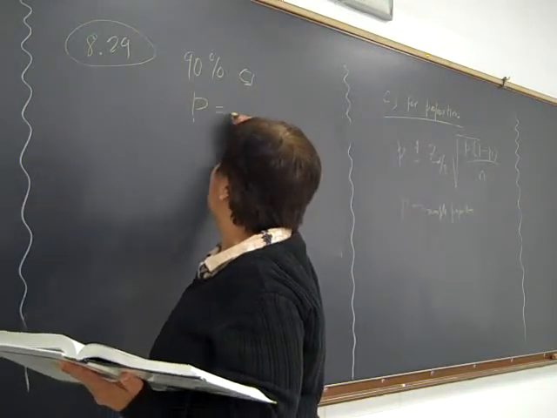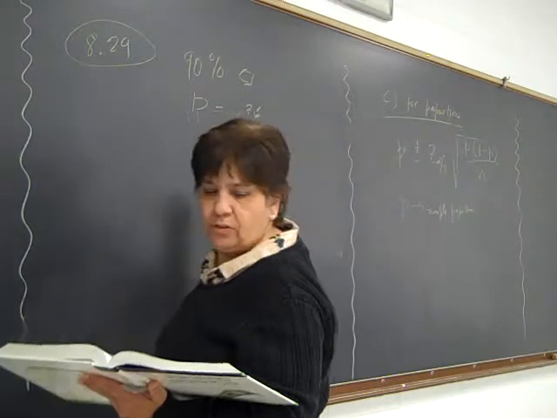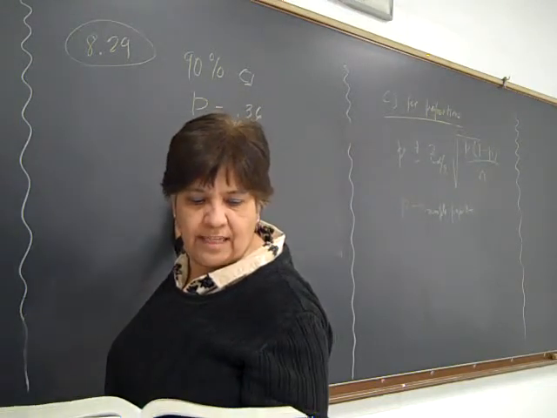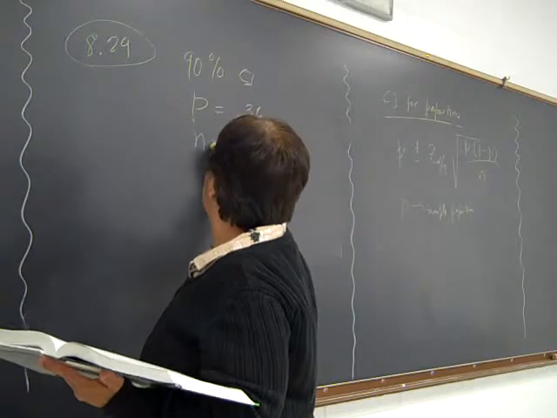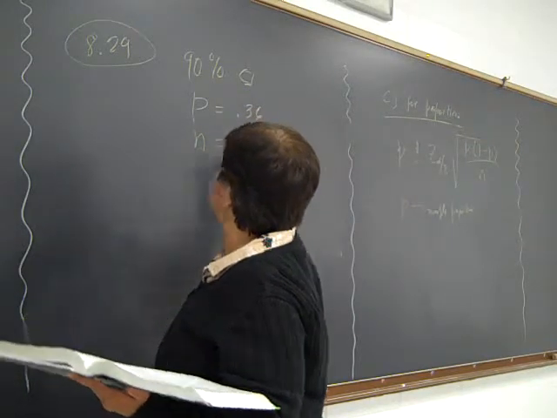So P is equal to 0.36, and a sample size equal to 125.